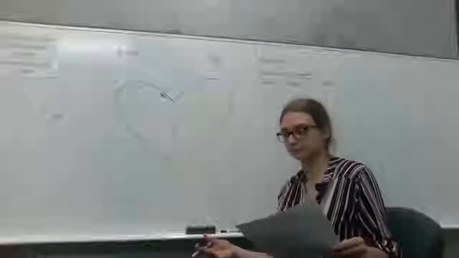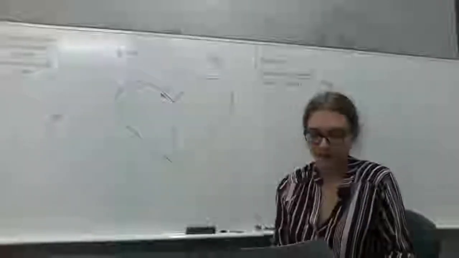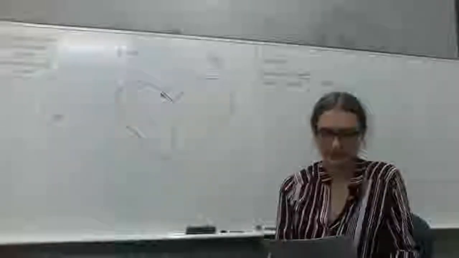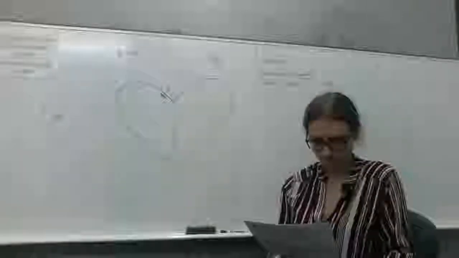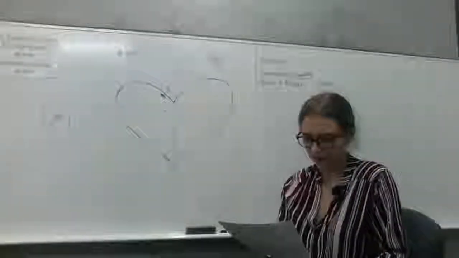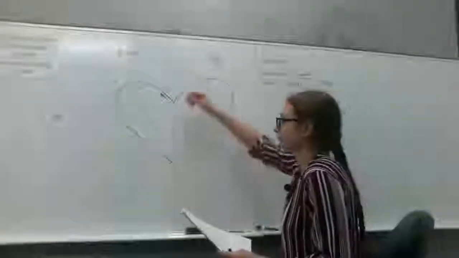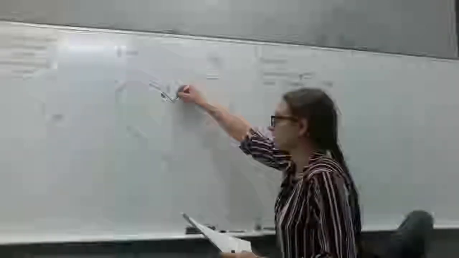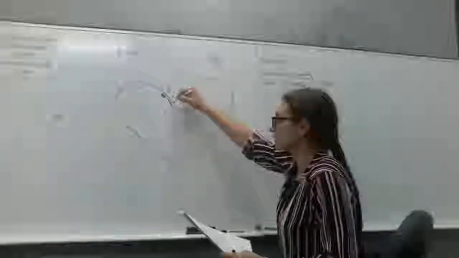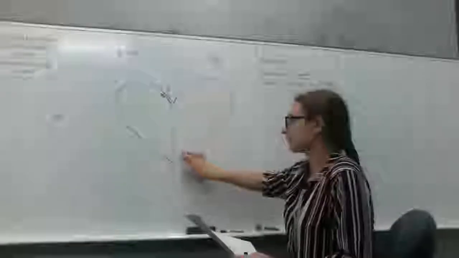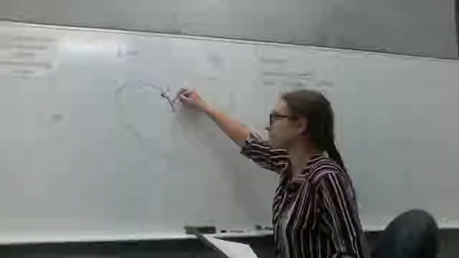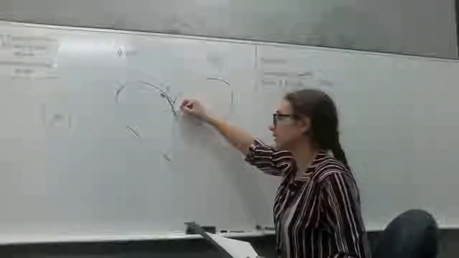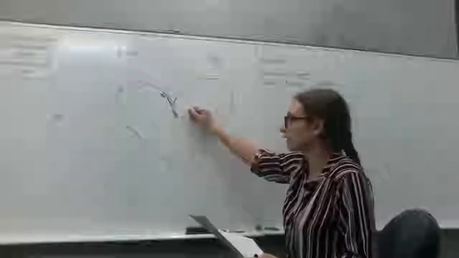Then the junctional fibers, which are up here. Purkinje fibers are down here. Your AV node is kind of over here.